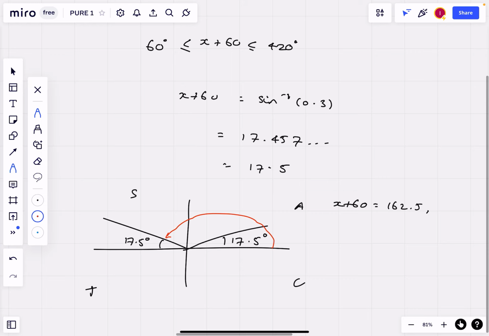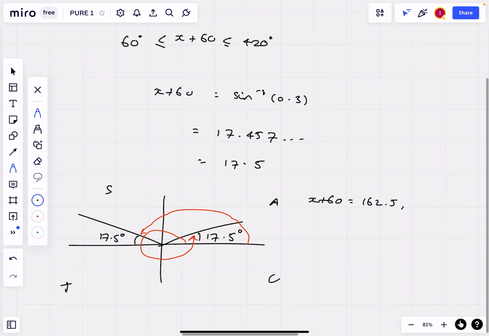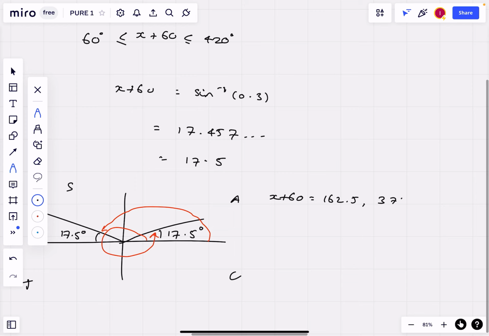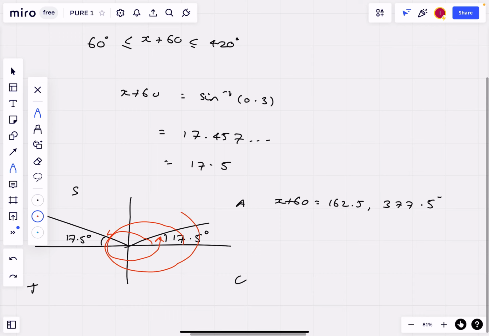And if we go another time around, 360 plus 17.5, 377.5. Okay. Can we go any further? No. If we try and do that, we're outside of the 420 range.